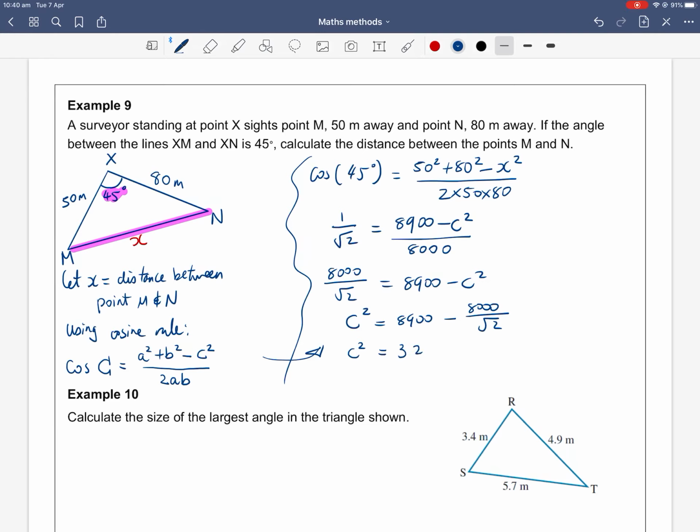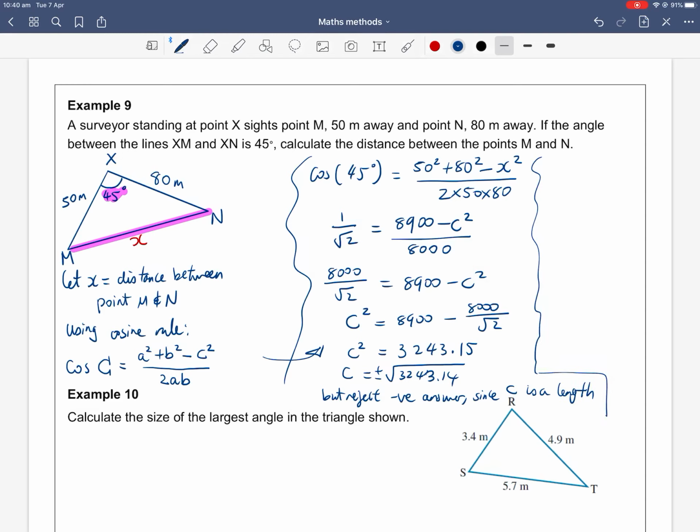So C squared is, using a calculator, 3243.15. The opposite of squaring is square rooting, but we take plus or minus, but reject the negative answer since C is a length and you can't have negative lengths.